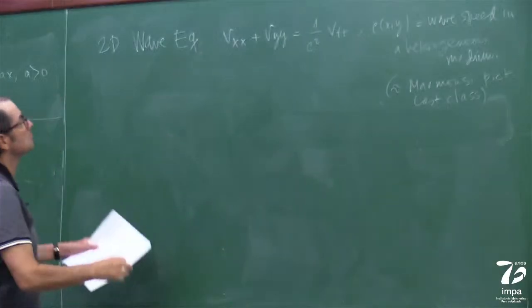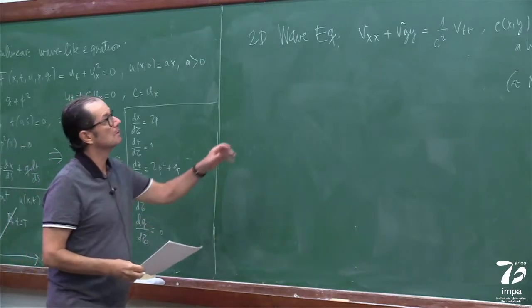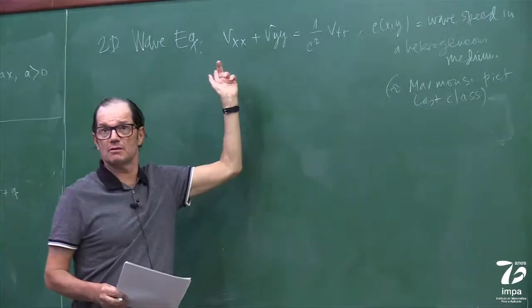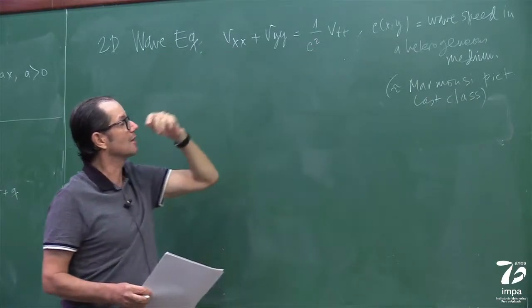So we have a 2D domain, a wave equation, just written with the c here, and here's the Laplacian.